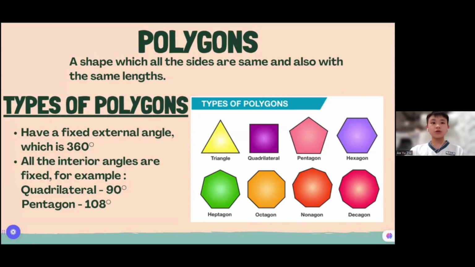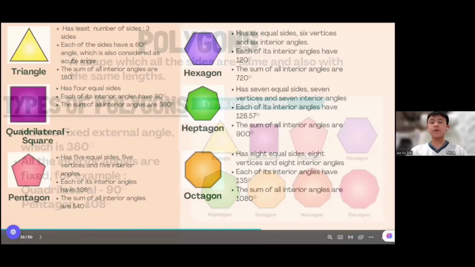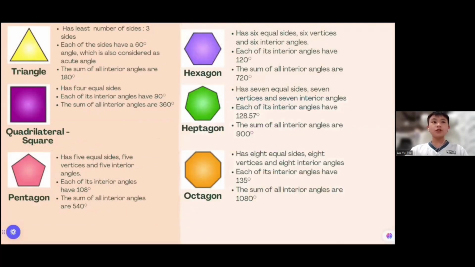For example, the quadrilateral, which we also call a square, has 90 degree interior angles. One of the interior angles is 90 degrees, and for a pentagon, one of the interior angles is 108 degrees. And here are the characteristics of the polygons.